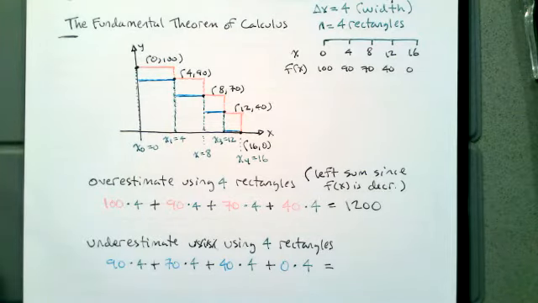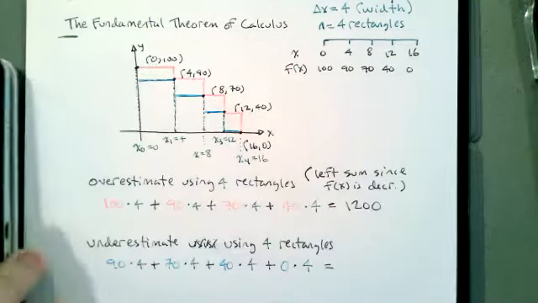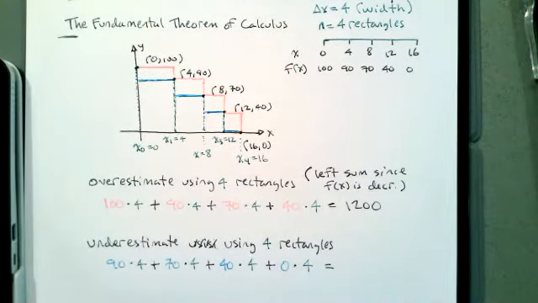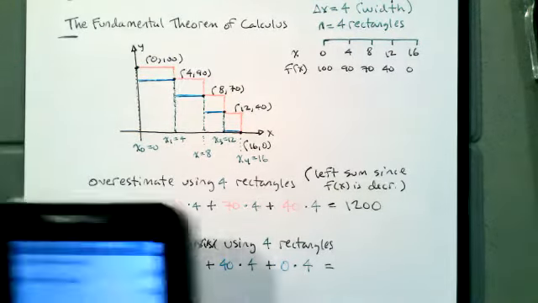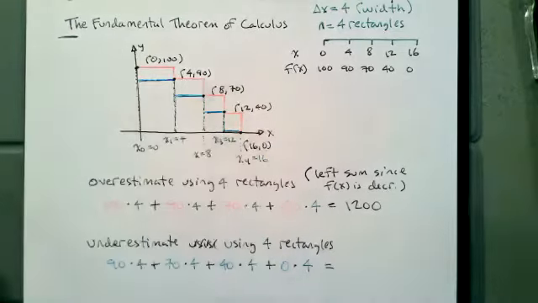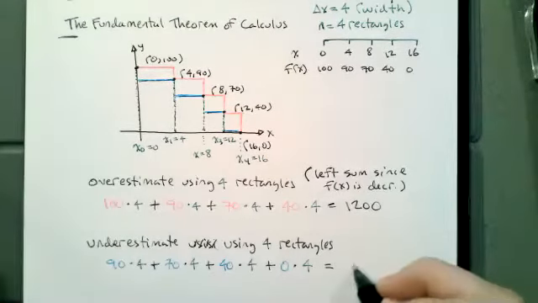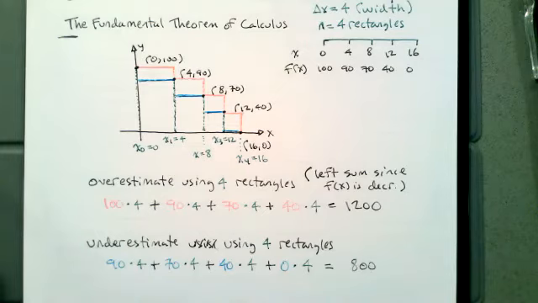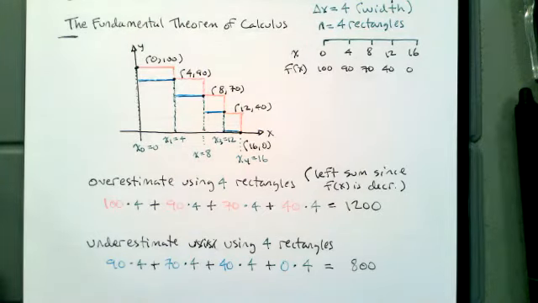And then we just have to add all these up. That's going to smear things. So we really just have to get rid of the 100. And there's our total, 800. And here we're doing a right sum because that's going to be an underestimate because the function is decreasing.